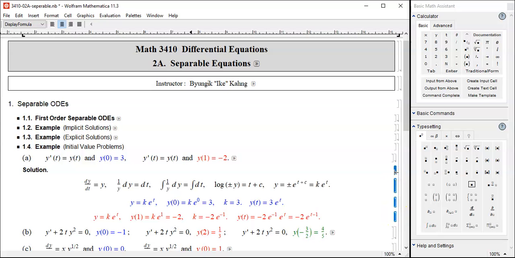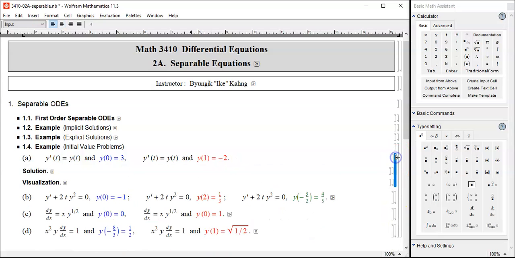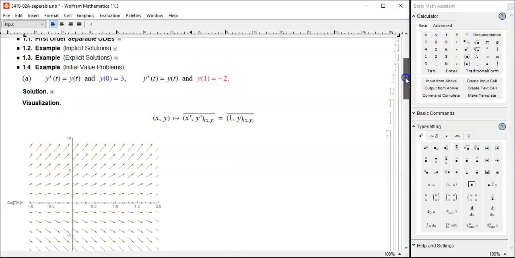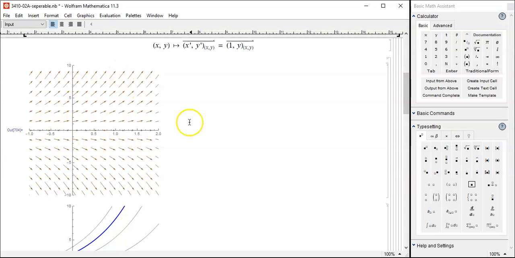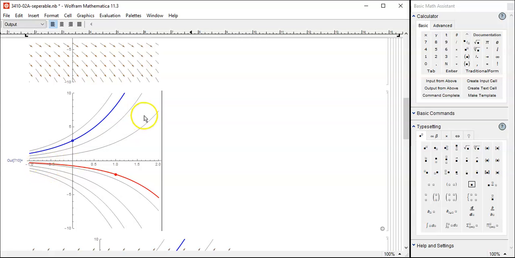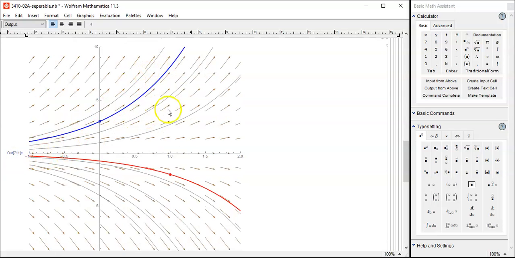And by the way, how about some visualization? Well, here we go. We have those direction flows, and then we are following the direction flows. And we have those gray curves. Those are part of the general solutions.